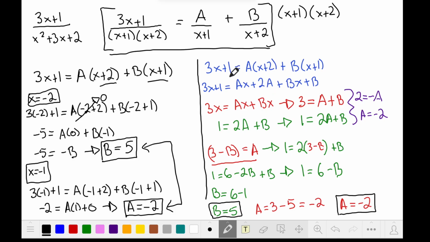So first, we expand out the ax plus 2 and the b times x plus 1. We split up our equation into two sets of equations, one with the power of x, one with the non-x's, and then we get nice simple expressions for what a and b have to be to make the blue case true.